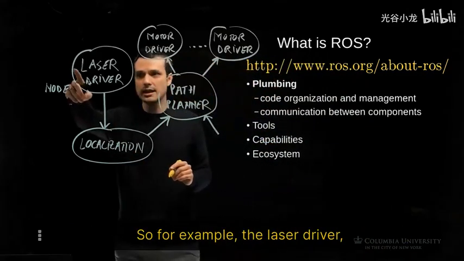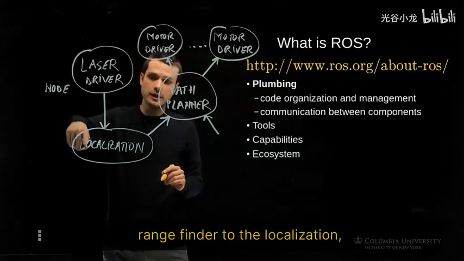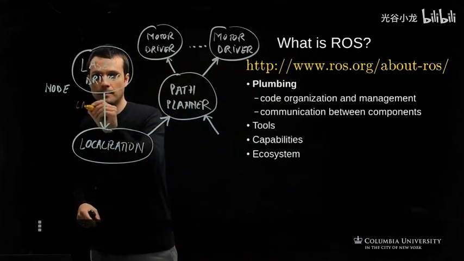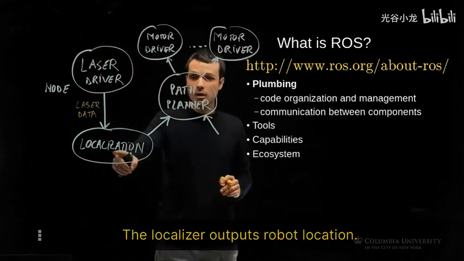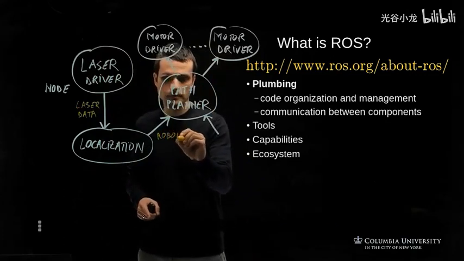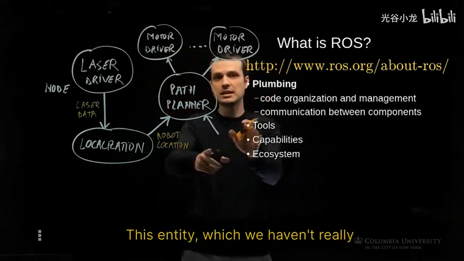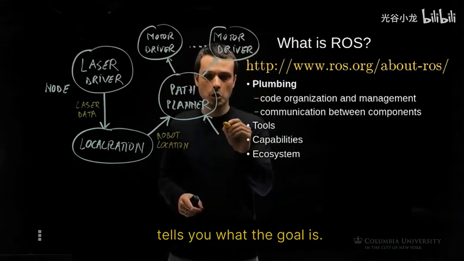So for example, from the laser driver, the driver that's running the laser rangefinder, to the localization, this is going to be laser data. The localizer outputs robot location. This entity, which we haven't really bothered ourselves with too much, tells you what the goal is.